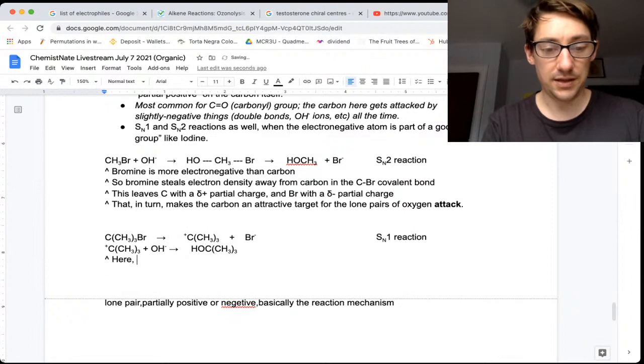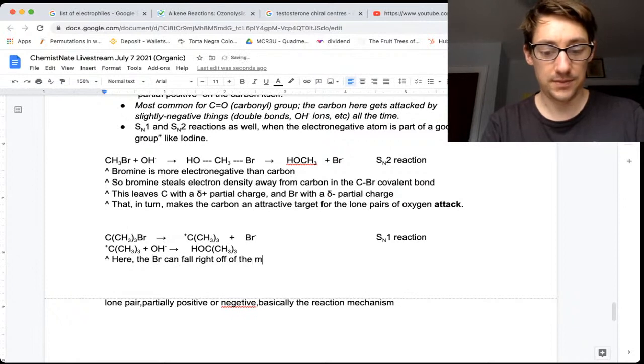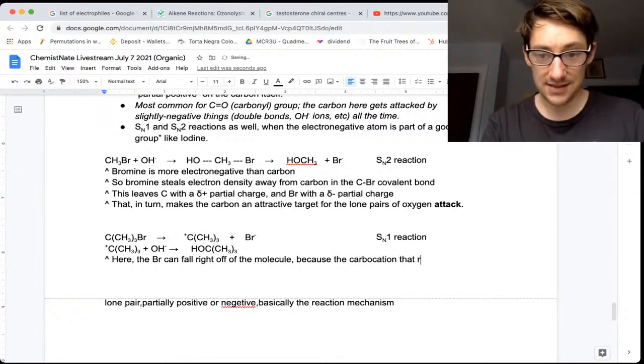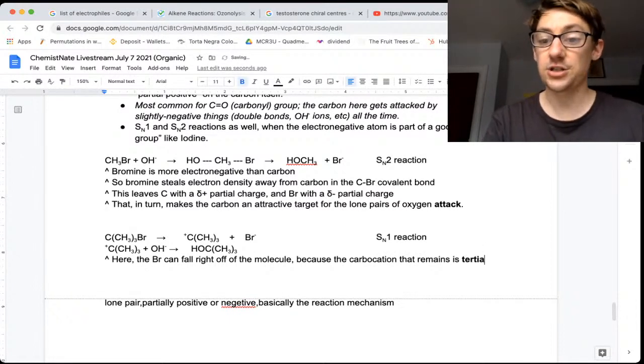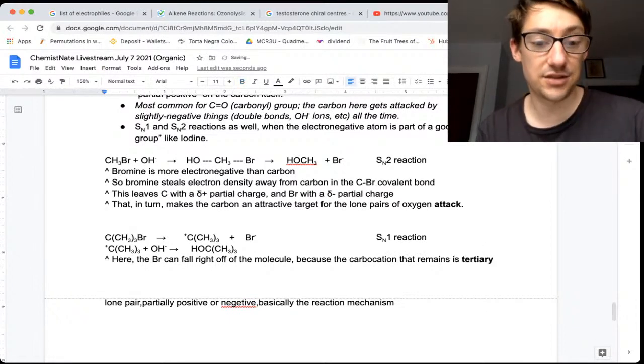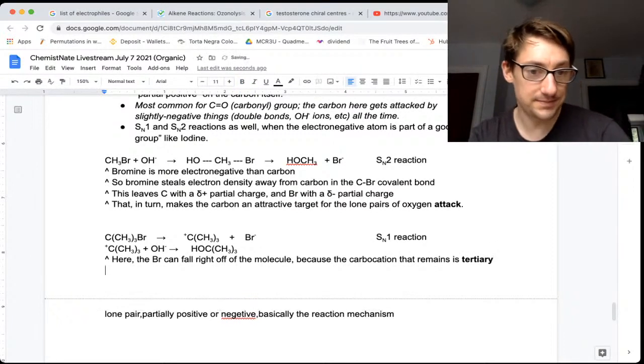Here, the Br can fall right off of the molecule because the carbocation that remains is tertiary. Tertiary meaning it's connected to 3 other carbons and is therefore stable.